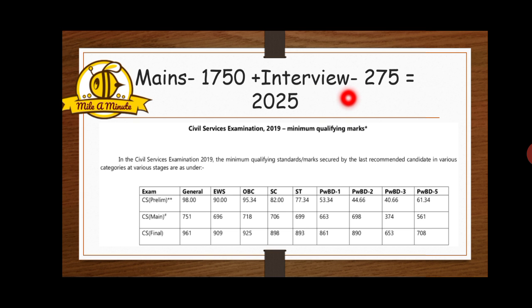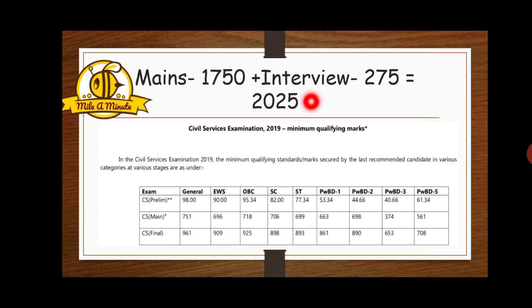And if you are good in that, the total marks which is allocated for the interview is 275. Only 275 marks is allocated for interview. For mains 1750. By summing up the mains mark and interview mark, the final mark is 2025.